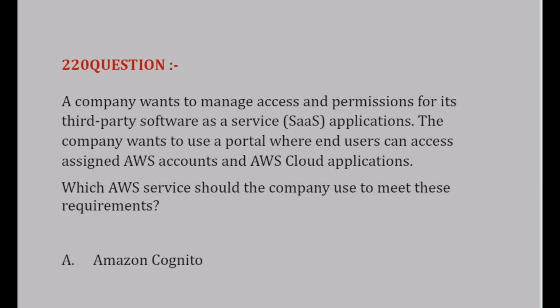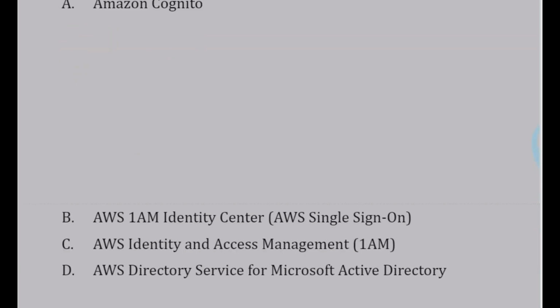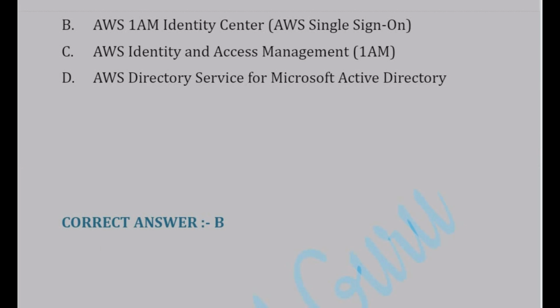Option A, Amazon Cognito. Option B, AWS IAM Identity Center, AWS Single Sign-On. Option C, AWS Identity and Access Management IAM. Option D, AWS Directory Service for Microsoft Active Directory. Correct answer is option B.